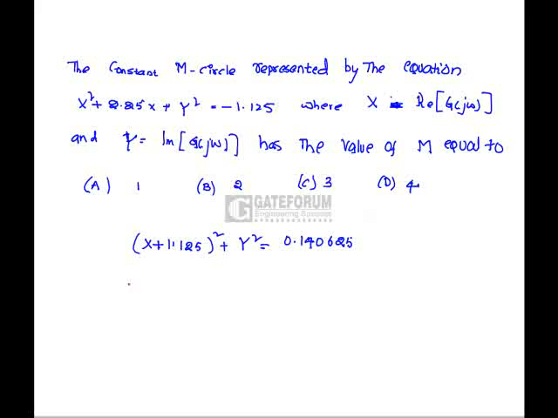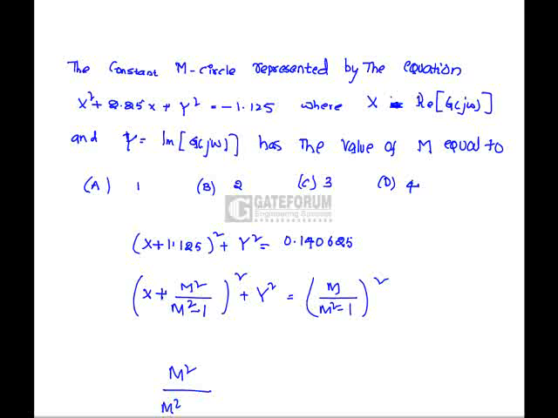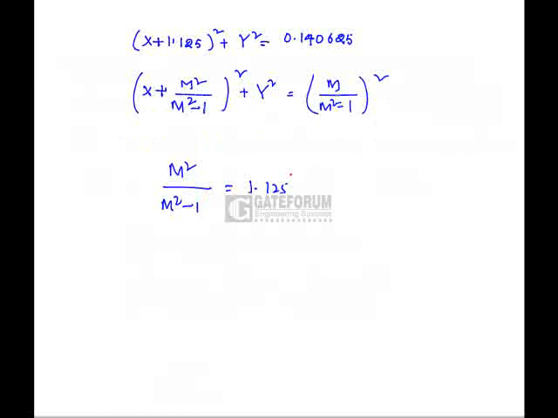If we compare this equation with the standard M circle equation, that is (x plus M square by M square minus 1) whole square plus y square is equal to (M by M square minus 1) whole square, then M square divided by M square minus 1 is equal to 1.125. So M square minus 1.125 M square is equal to minus 1.125, which is minus 0.125 M square equals minus 1.125.